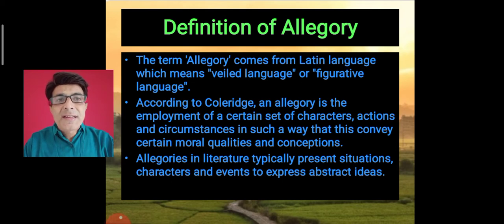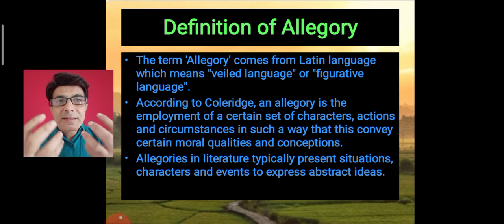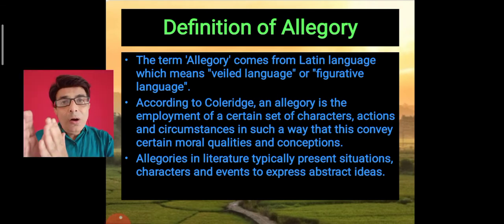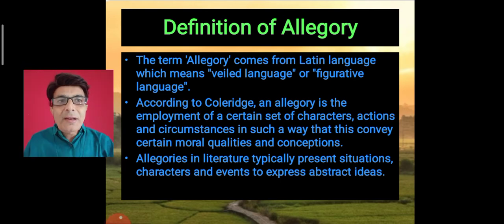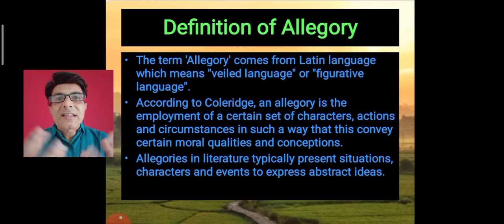Coleridge has said that an allegory is the employment, the use, of a certain set of characters, actions or situations in such a manner that it conveys some moral qualities or moral concepts.